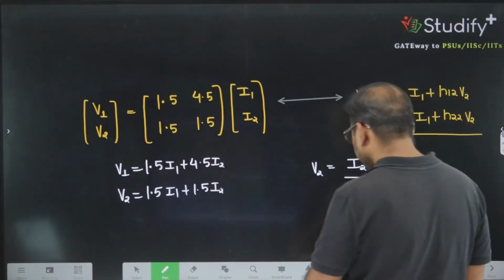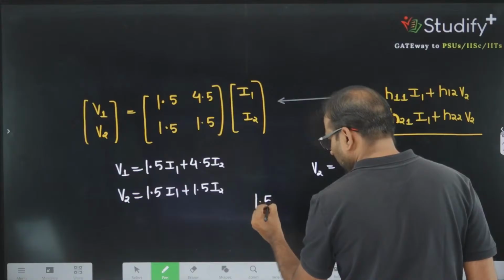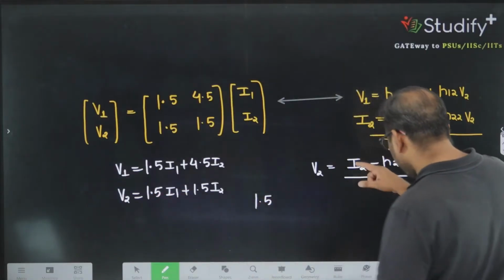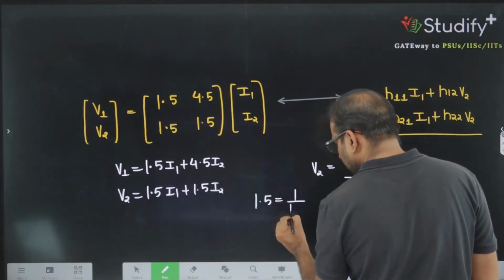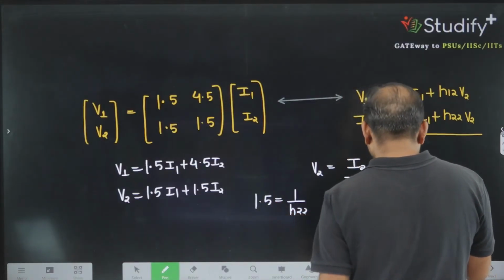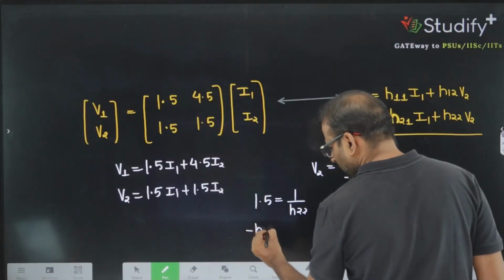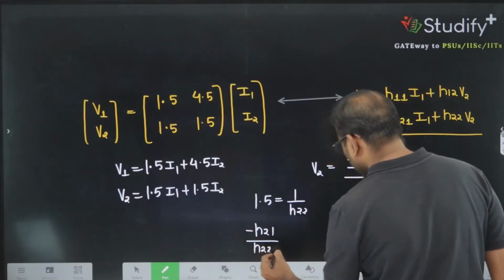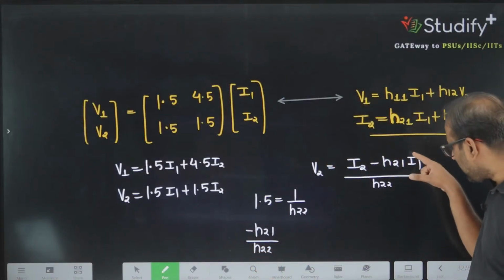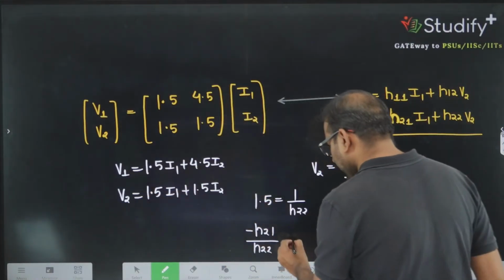So you can say 1.5 is the coefficient of what? 1.5 is the coefficient of I2, and here the coefficient of I2 is 1 divided by H22, while minus H21 divided by H22 is the coefficient of I1, and here the coefficient of I1 is 1.5.